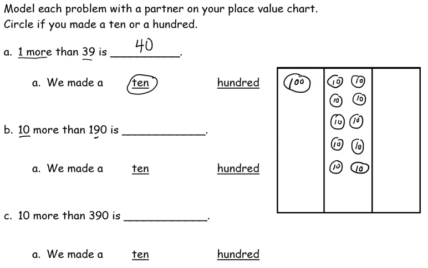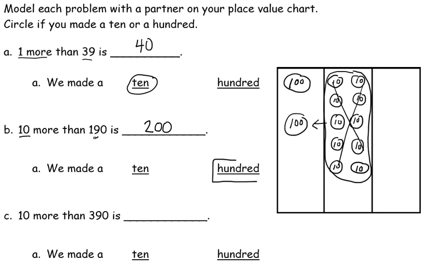When I do that, that gives me 10 groups of 10, which I can then group and change into a 100 disk, since 10 groups of 10 equals 100, and we'll get rid of those. So when I added 10 more to 190, I got 200. And when I added that 10, I was able to bundle my 10 tens and make 100.